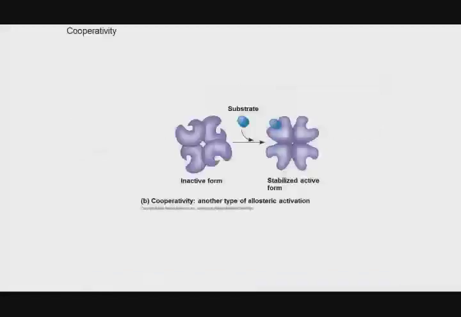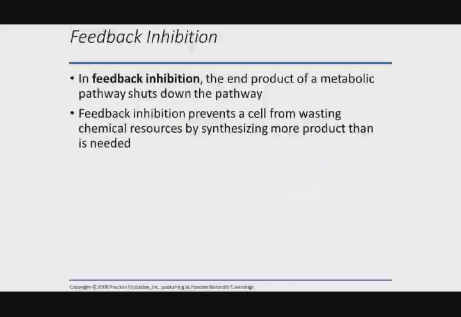In this case, what you have is the actual substrate helping to stabilize the structure in the active form. So again, you've got multiple binding sites, four in fact, and the binding of the first substrate then makes it easier to bind the other three substrates in the other three active sites. So hemoglobin works this way. One oxygen is bound, which then makes its affinity for subsequent binding of oxygens go up. And that is, again, a classic biochemistry example that you'll cover when you take biochemistry.